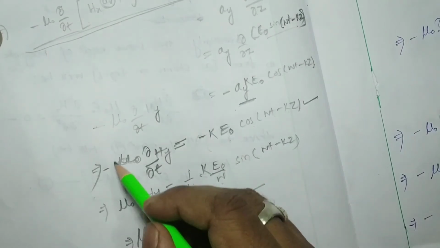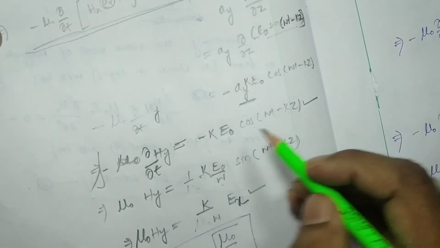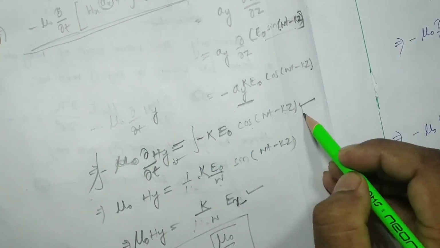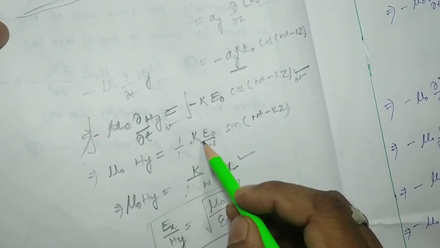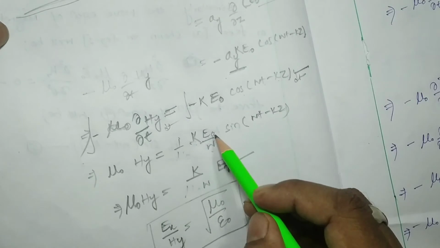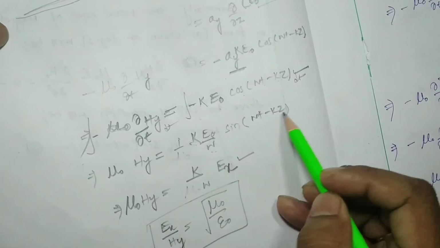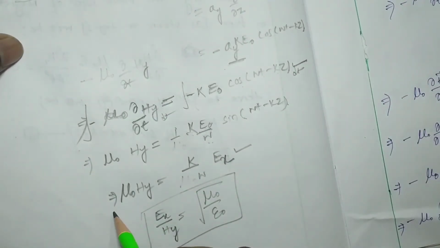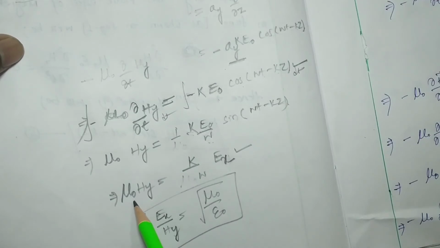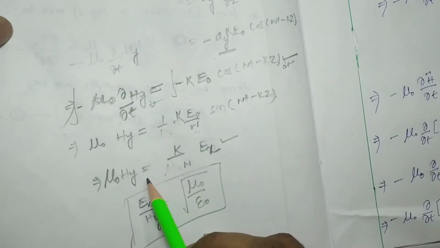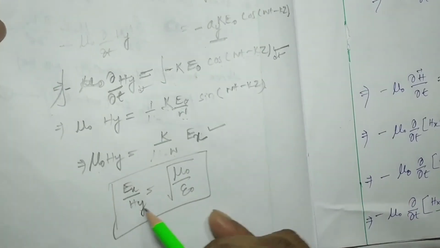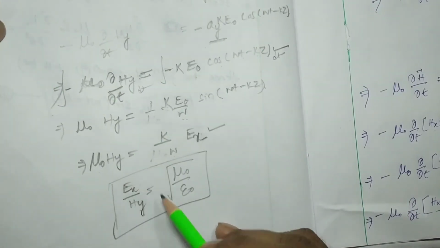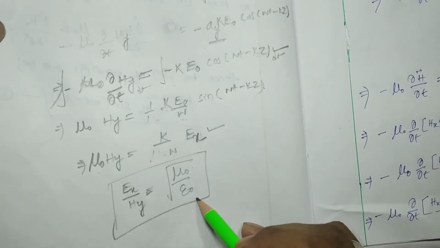So by integrating this with respect to t, we find mu 0 hy equal to k by omega ex, or you can find that ex by hy will be equal to the root of mu 0 by epsilon 0.